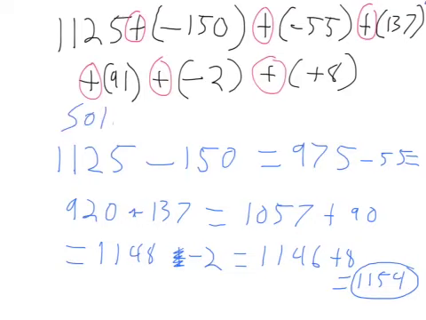This was my solve. I'm now going to double check my work. One way to double check my work is to take the overall increases and decreases and put those together.